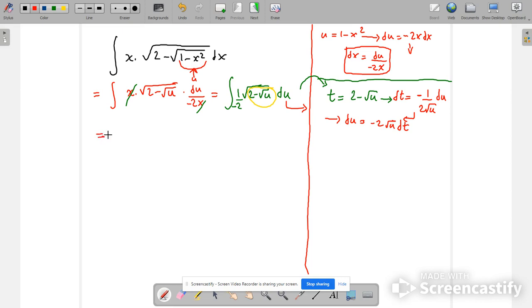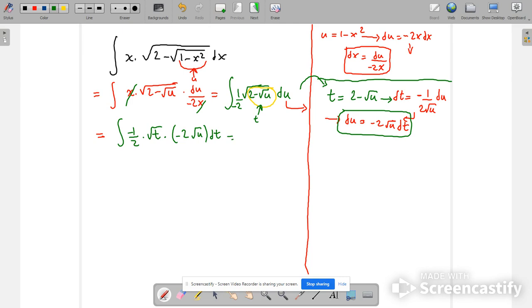So the integral of minus 1 half times square root of t, because we call this t, and du, as we know, is this, so minus 2 square root of u dt.